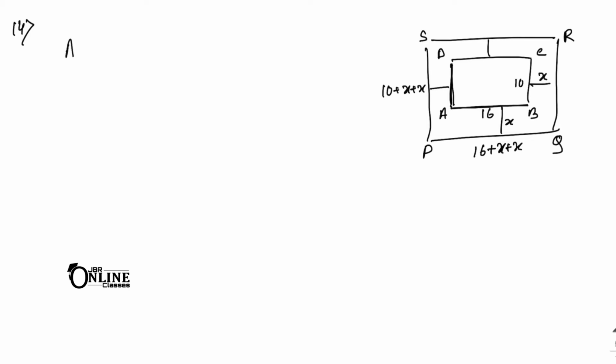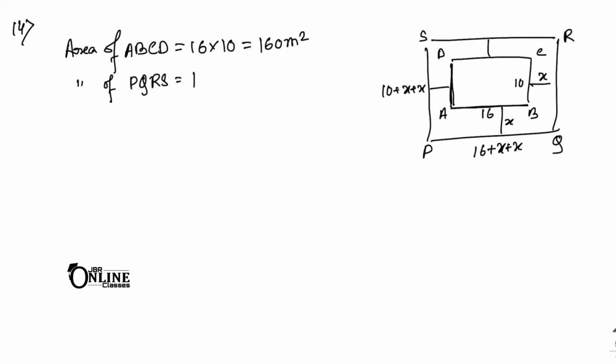So here area of ABCD, that equal to 16 into 10, that means 160 meter square, and area of here PQRS, that equal to (16 plus 2x) into (10 plus 2x) meter square.